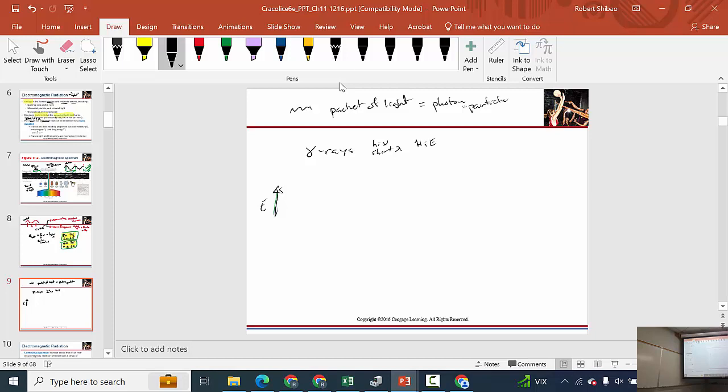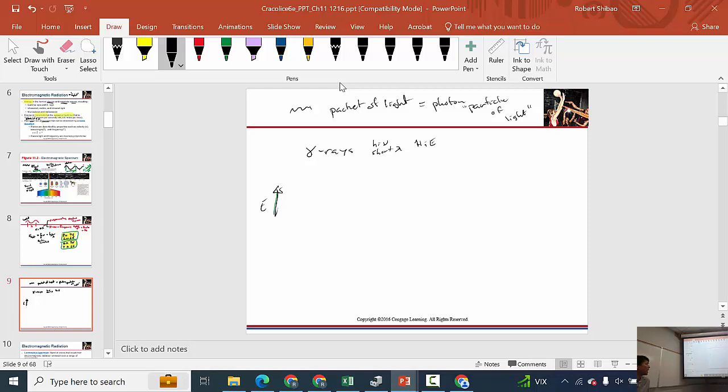You can't weigh a photon. And so it's not a particle in the sense that an electron is a particle. Electron does have mass. You can weigh it. A photon doesn't. It's just energy. But energy and mass are related from Einstein's equation, E equals mc squared. But anyway, we have this packet of light.